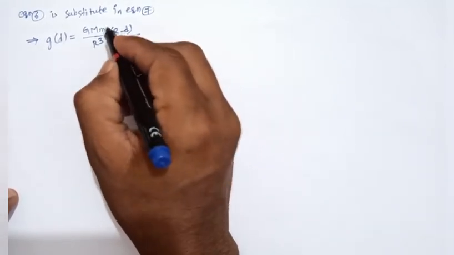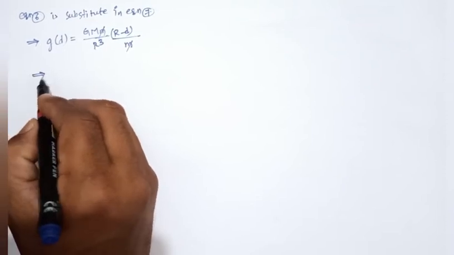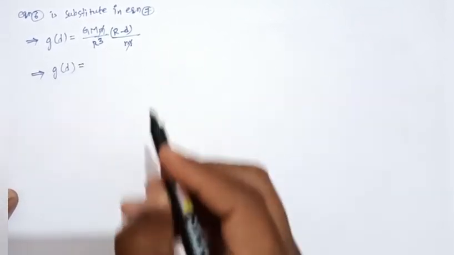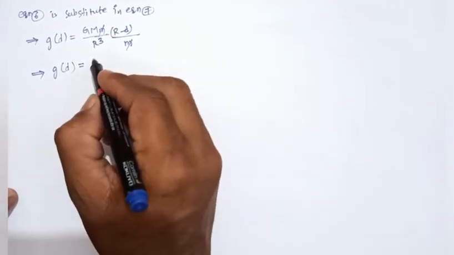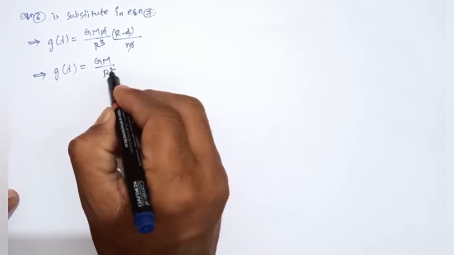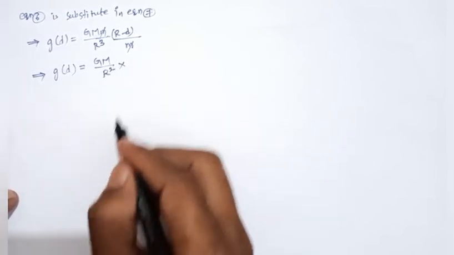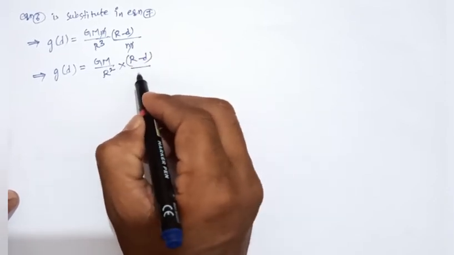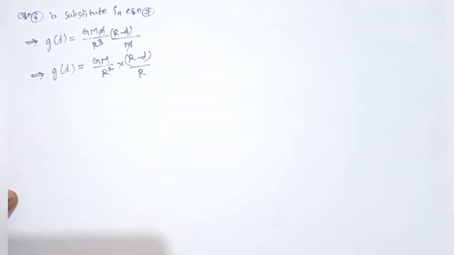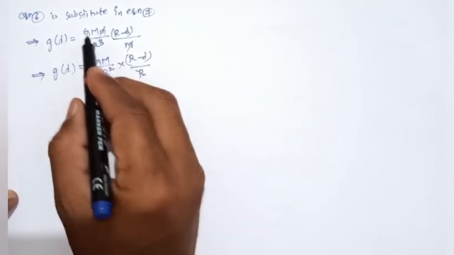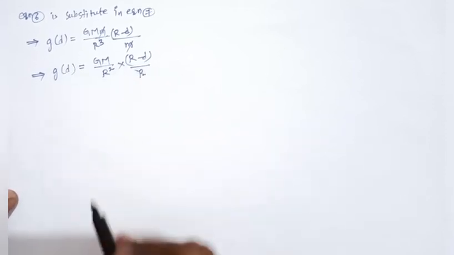M gets cancelled, that implies g of d equals G M by R square into (R minus d) by the remaining term R. R into R square is R cube, G M (R minus d).